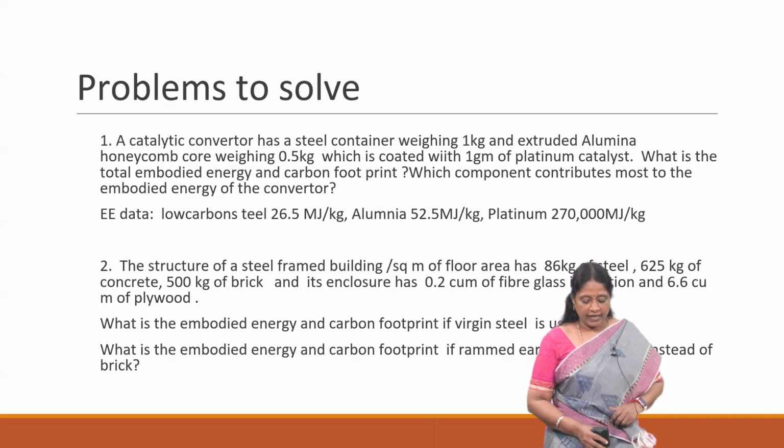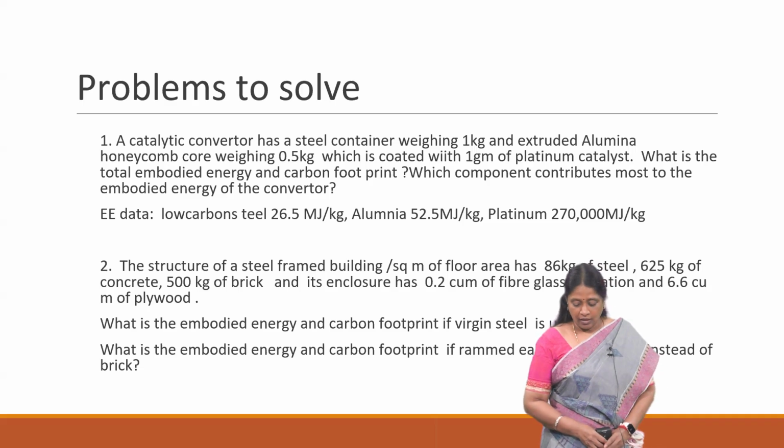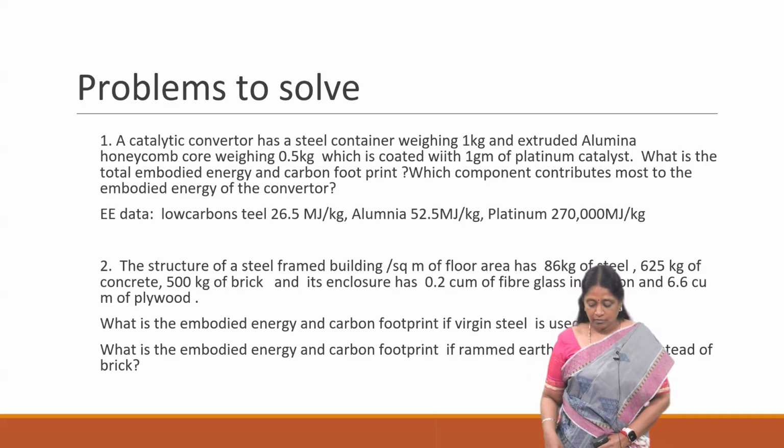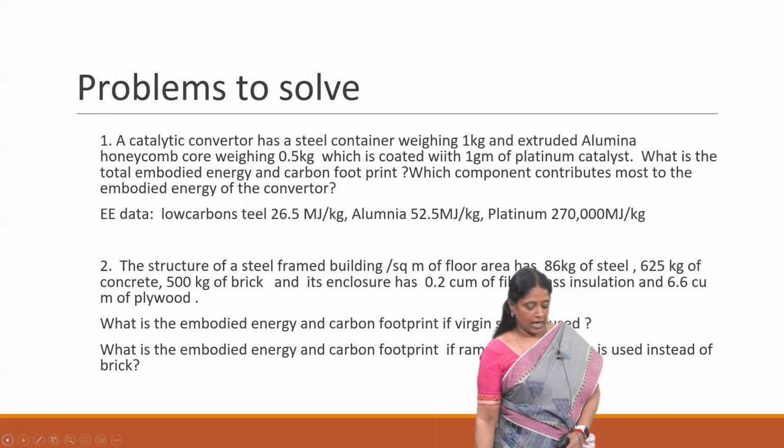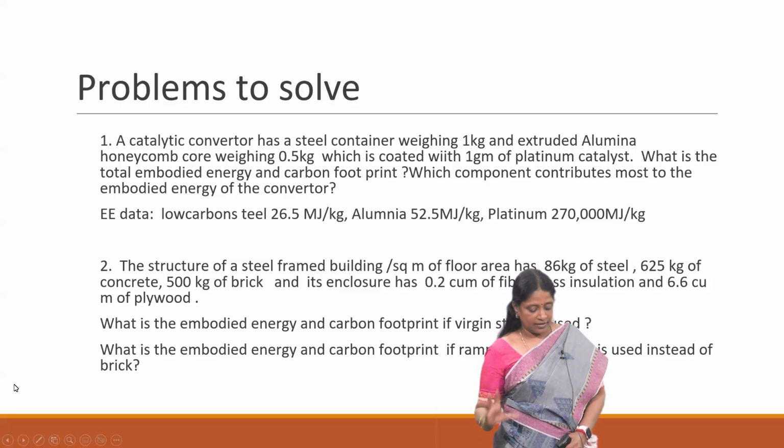So this is the data for the catalytic converter. The overall body weighs 1 kg, and it's made of low carbon steel. The extruded alumina honeycomb weighs about 0.5 kg.